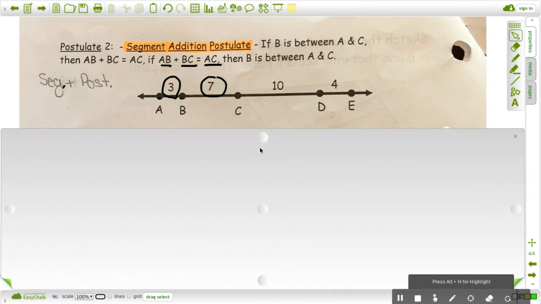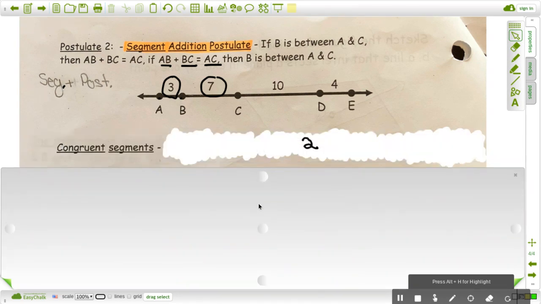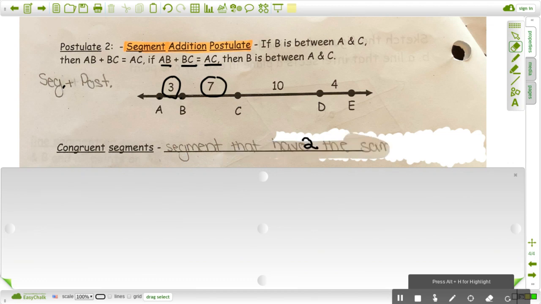Now there's something called congruent segments. And there's also a symbol for this. What congruent segments are essentially are segments that have the same length. So over here, AC and CD have the same length. As you can see, 3 plus 7 is 10.